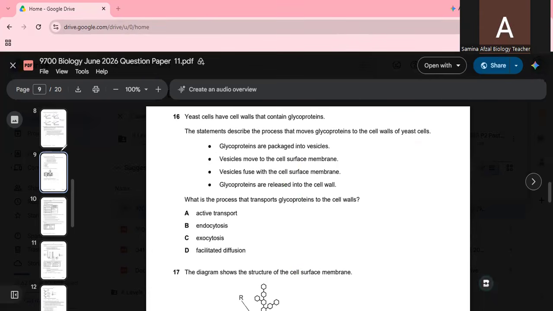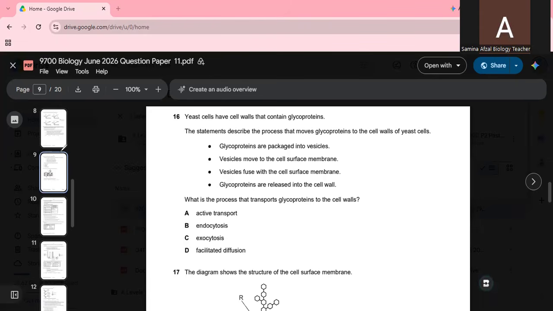Yeast cells have cell walls that contain glycoproteins. The statements describe the process that moves glycoproteins to the cell wall of yeast cells. So glycoproteins are packed into vesicles. Vesicles move to the cell surface membrane.